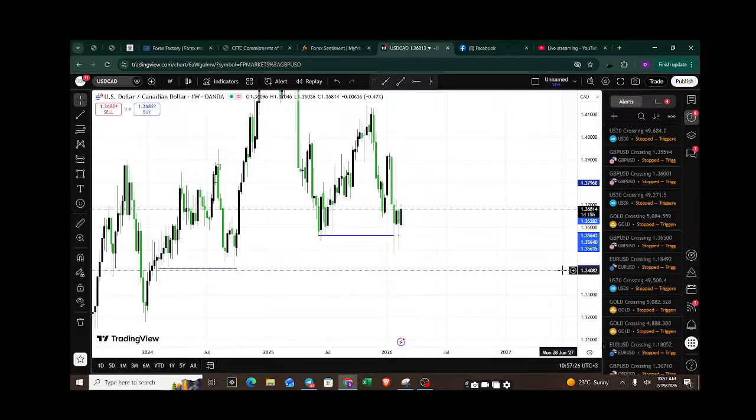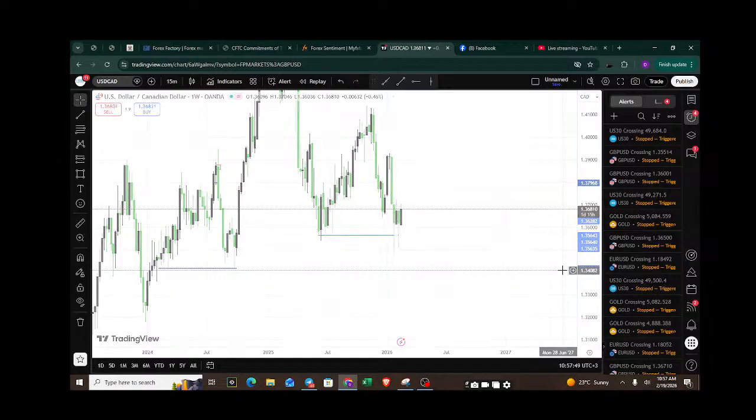That is what I'm anticipating today across all pairs. GBPUSD has been selling the whole week. USD CAD has been buying the whole week. So now today we are having a bit of retracement so that we can continue on the normal direction.